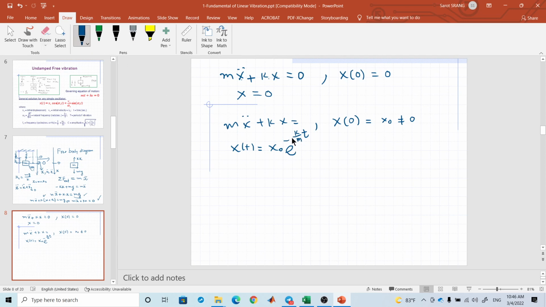Sorry, actually this is second order, right? Not first order. Sorry. So it should be cosine of square root of k times t, and at t equal 0 it becomes 1. Yeah, something like this. This cosine represents the oscillation. So different: for this one, the solution is like this. For this one, the solution is like this.